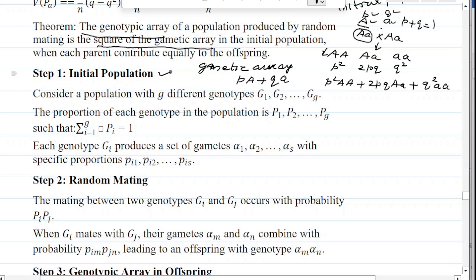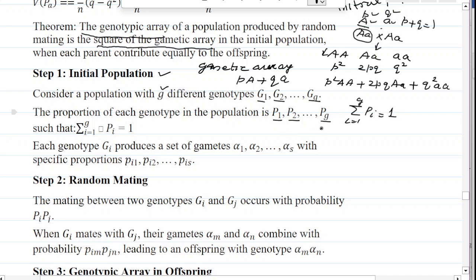First we consider the initial population. We consider a population with G different genotypes, say G1, G2 and GG. The proportion of each genotype in the population is say P1, P2 and PG, in such a way that the sum of all the proportions, i varying from 1 to G, Pi is equal to 1.